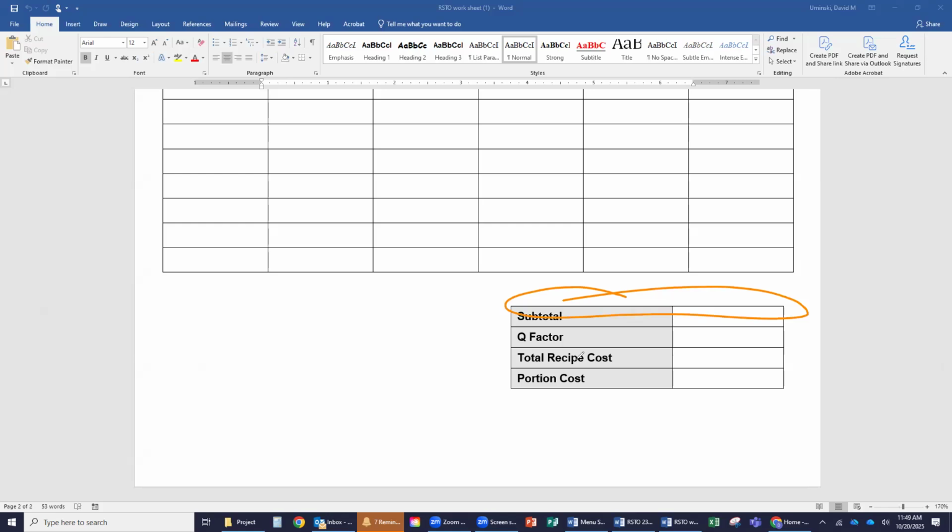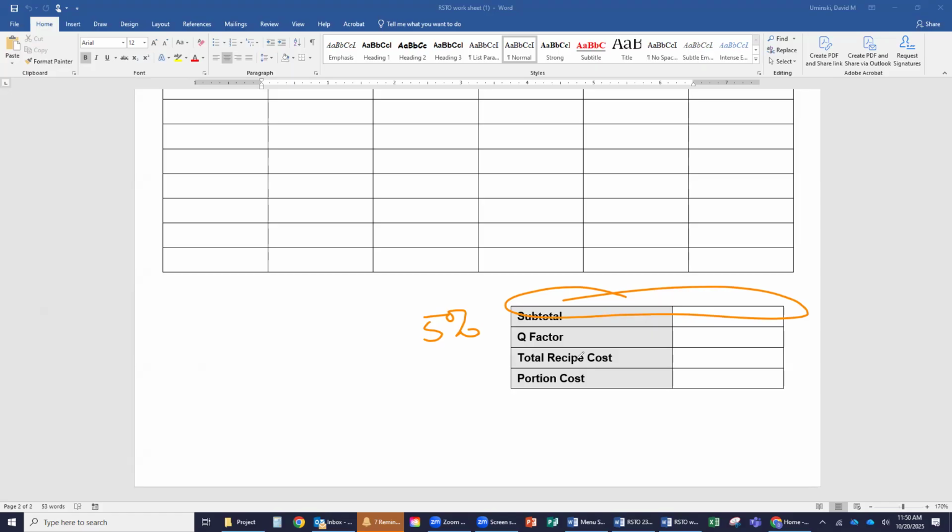Our Q factor is 5% of the subtotal. So basically, what that means is for every dollar of our recipe cost, a nickel or 5 cents is going to go to cover any additional ingredients. So let's say we taste our soup and we realize maybe we need a little bit more salt and pepper. So we're going to add that in.